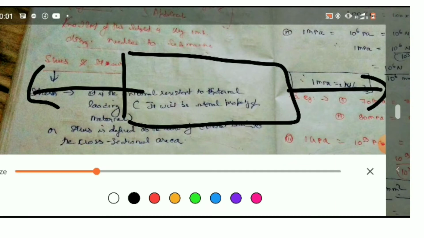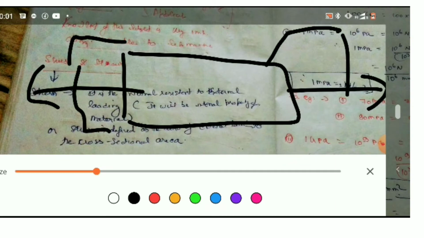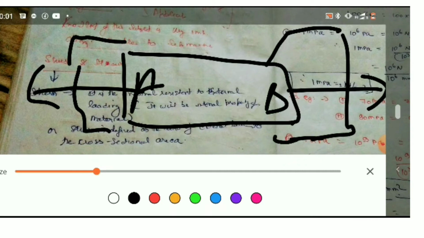Ultimately, when we apply the load, this cross-section area A, B becomes A dash, B dash. At some point it stops being deformed after applying the external load.